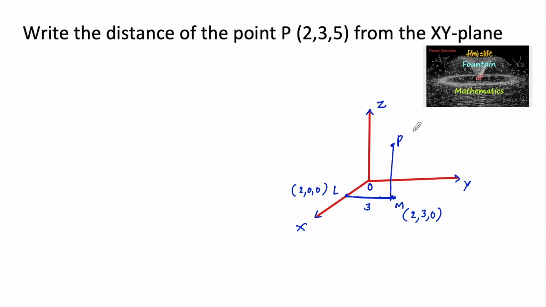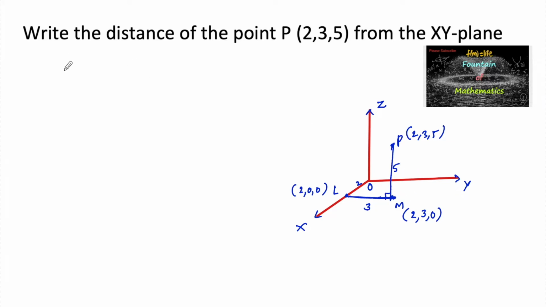Say this is the point P(2, 3, 5), which is taken, the length PM is equal to 5 units. So here OL is equal to 2 units, x coordinate, and y coordinate, that is LM parallel to y axis, is 3 units, and then PM is perpendicular. So here we will consider 5 units.